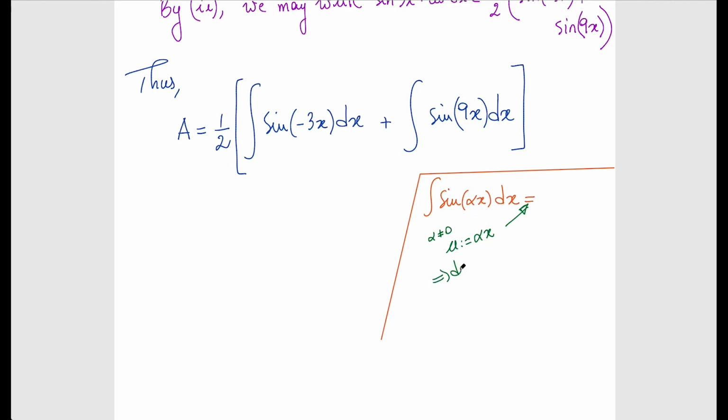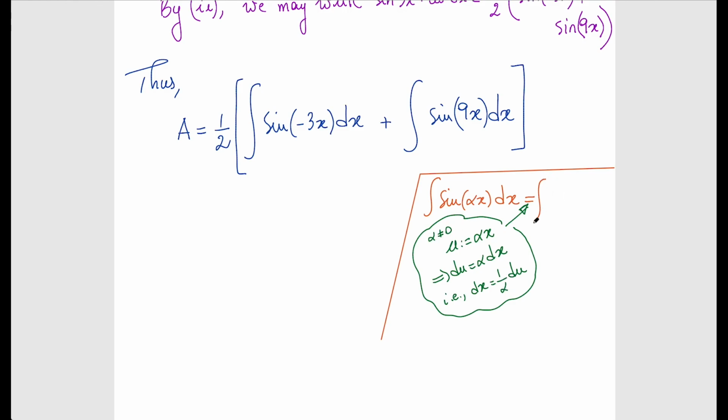That means du is equal to alpha dx, which means dx is 1 over alpha du, right? So then this becomes equal to a primitive. Again, I'm supposing alpha not to be 0, because if alpha is 0, this whole thing is 0, so it becomes easy. But I'm dividing by alpha, so I need that guy not to be 0.